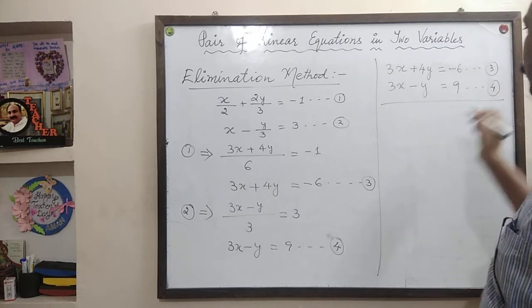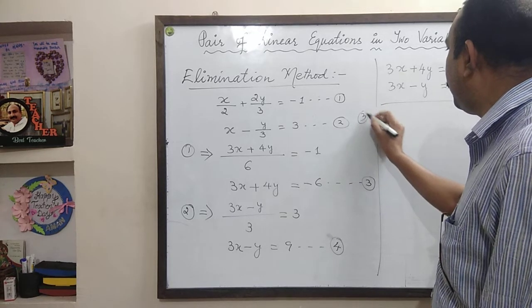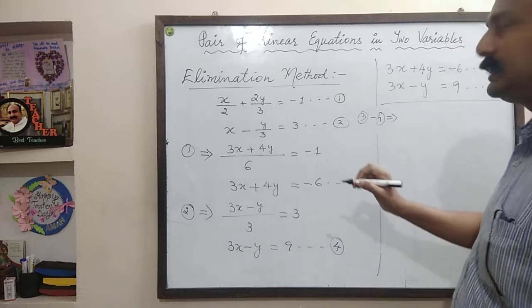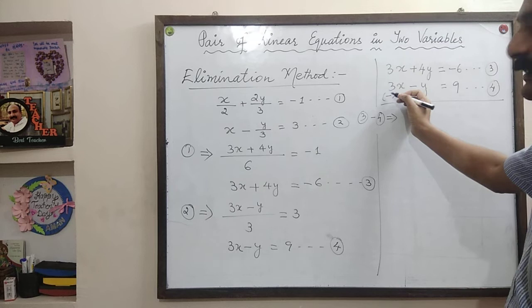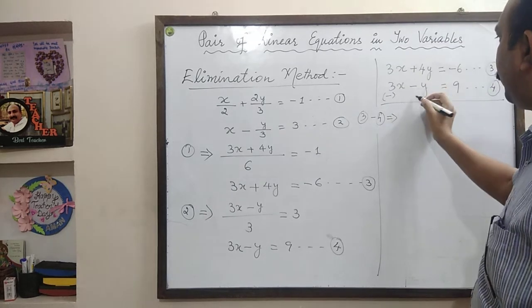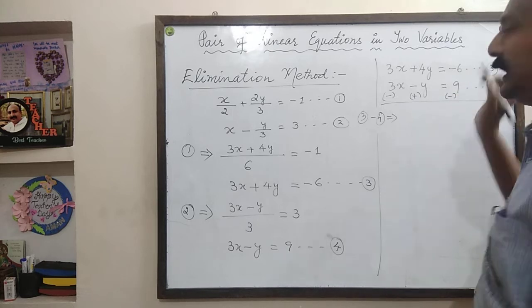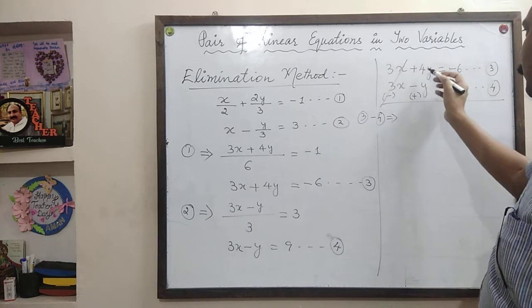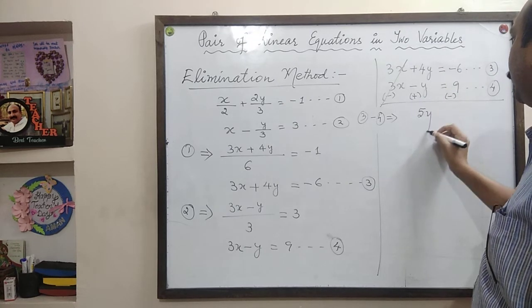So what are we going to do? Equation 3 minus equation 4 gives a change of sign of the second equation. Plus 3x will become minus 3x, minus y will become plus y, plus 9 will become minus 9. 3x minus 3x cancel, plus 4y plus y, 5y.